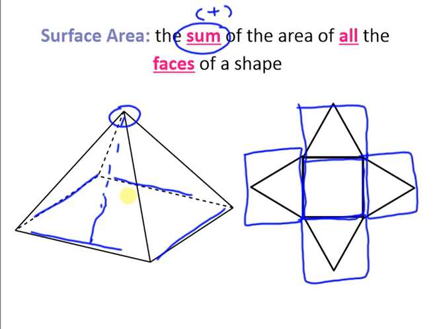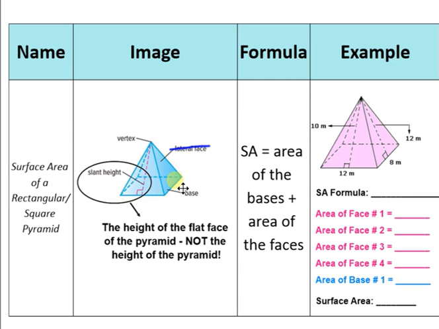It's not going to be straight down the middle because I folded it back together. So that's what we call the slant height. Now, the formula for your rectangular pyramid for surface area is going to be the area of the base plus the faces. So let's go ahead and take a look at what that's going to look like here in an example. So it's a little small.